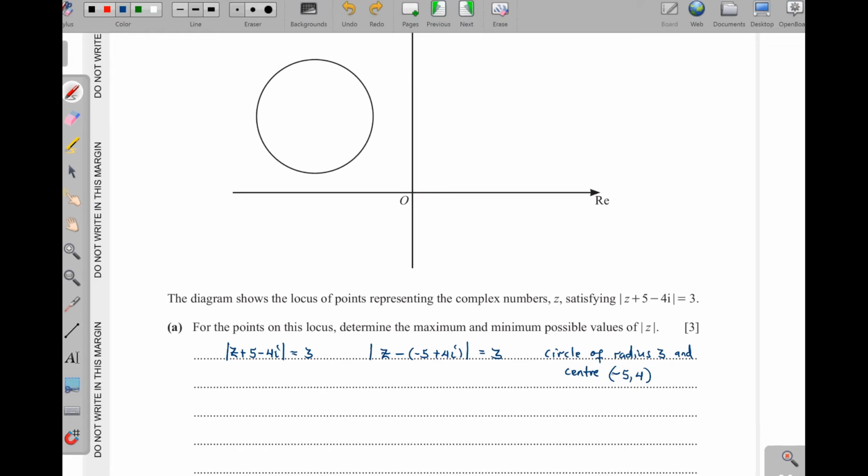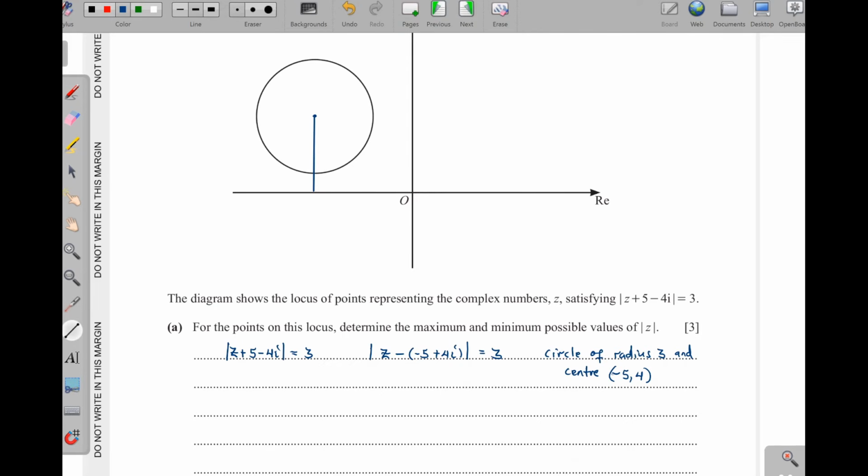All right, now this is the one we are having there. Then after that, of course, we are going to look for the center. For the points on this locus, determine the maximum and the minimum possible values of z. So I'm going to come to this circle here, and this one is going to be the center.